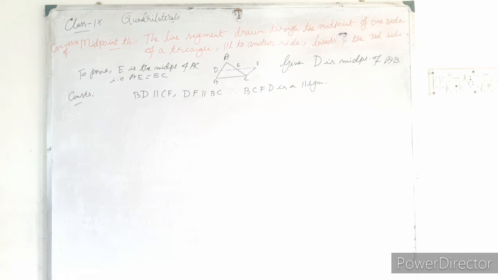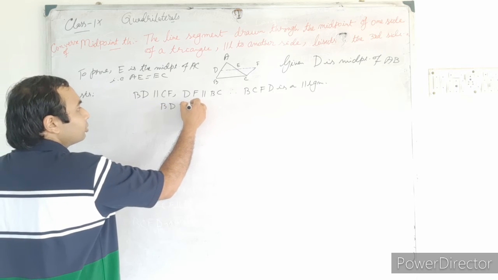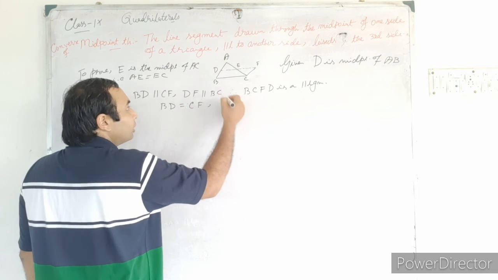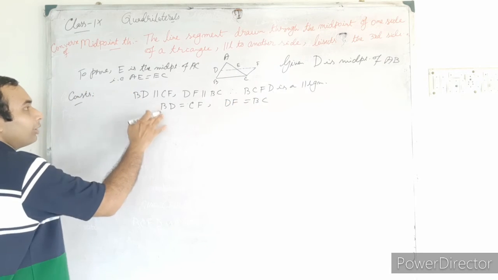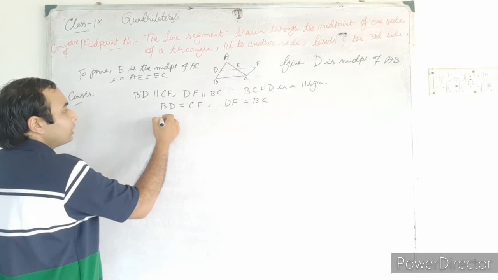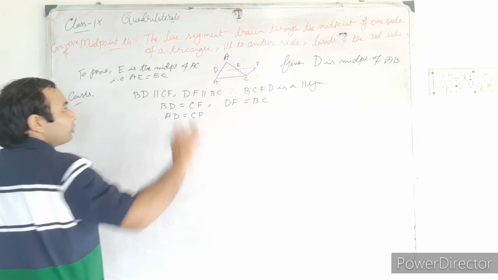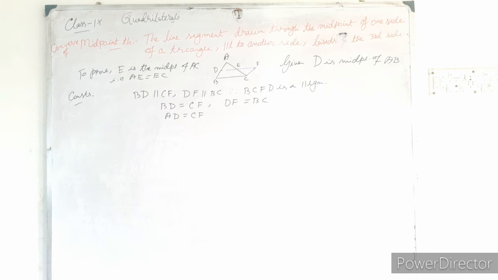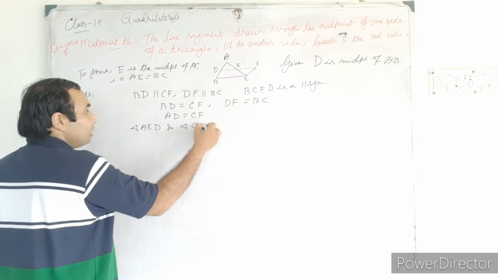So when it is a parallelogram, we can conclude that BD is equal to CF. And I am also taking DF is equal to BC, I don't know whether it will be needed or not. So from BD is equal to CF, we can say AD is equal to CF, since AD is equal to BD, it is given that D is the midpoint of AB. Now from triangle AED and triangle CEF.